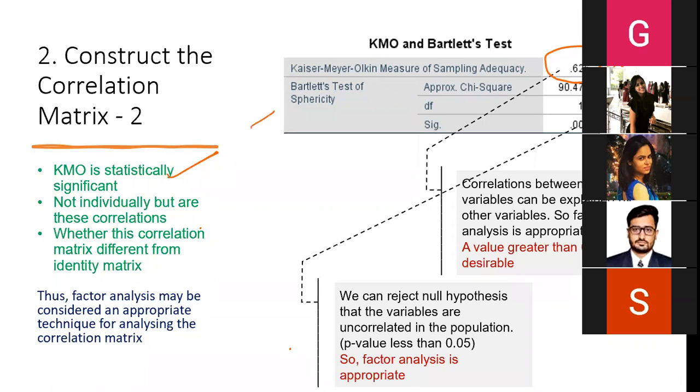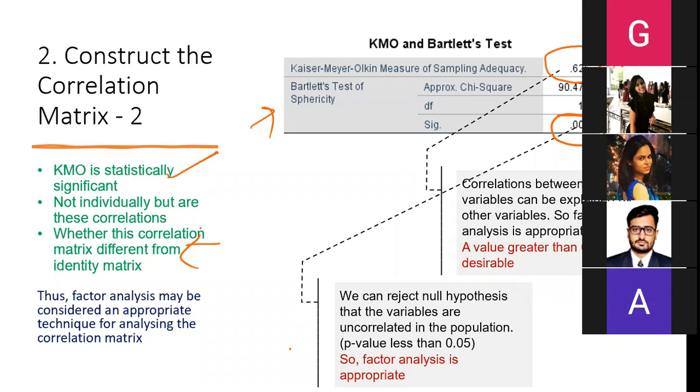And what is the Bartlett test? We look at the significance value. What is the null hypothesis? The variables are uncorrelated, or say an identity matrix.